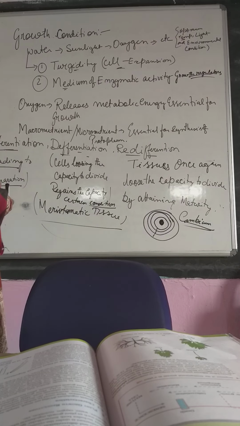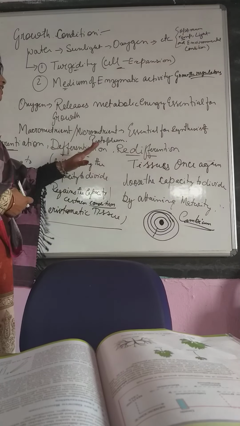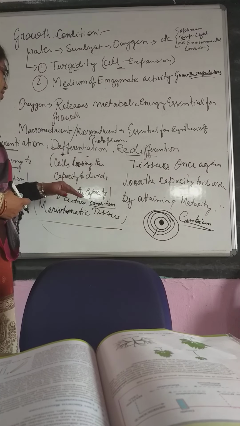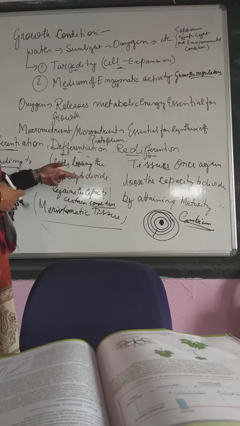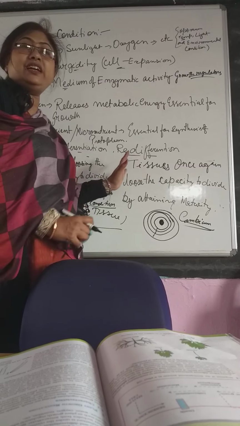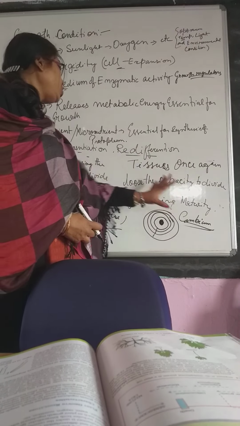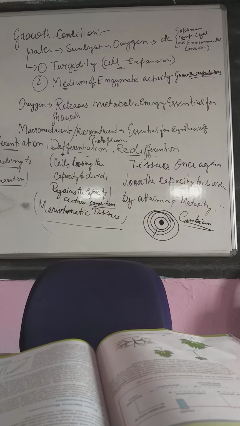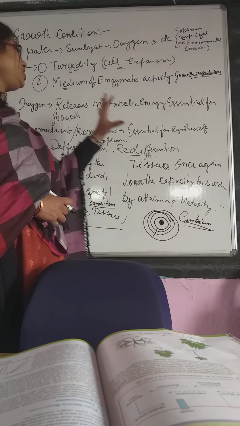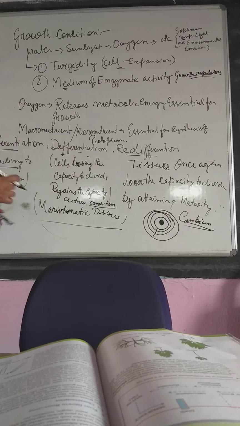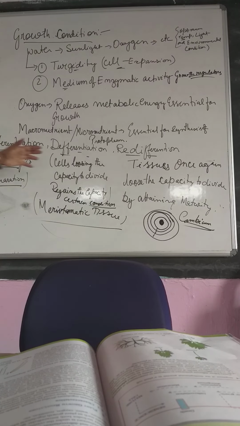After the season, this activity restarts. Cells that have lost the capacity to divide regain the capacity. Once they regain it, it is not a continuous process, so again it stops. So this is basically differentiation, de-differentiation and re-differentiation. Here we have covered the growth condition, and that is simply pointed out through the meristematic tissue, because meristematic tissues are the only tissues that have the capacity to divide.